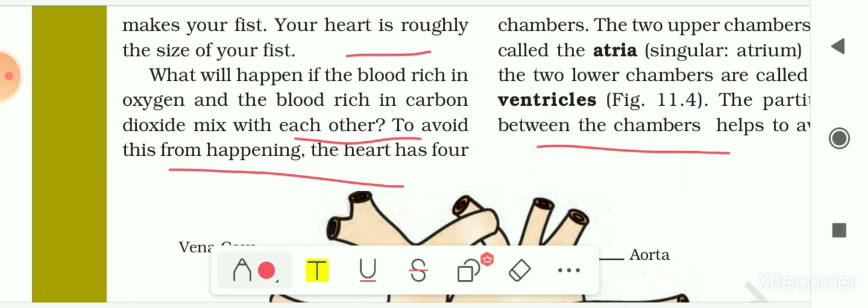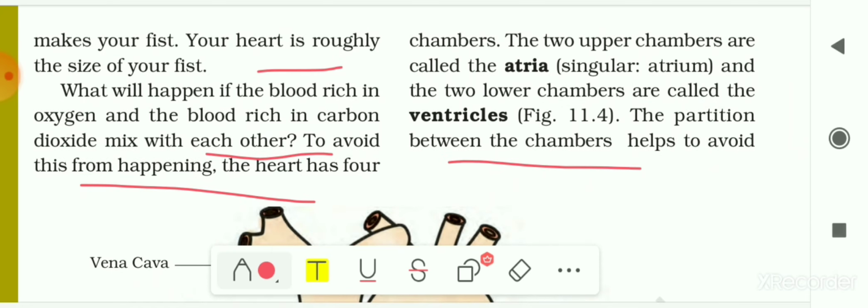The heart has 4 chambers, and these chambers are divided into 2 parts. The 2 upper chambers are known as the atria, which is the plural form, and the singular is atrium. So there are 2 atria in total, the left atrium and right atrium.